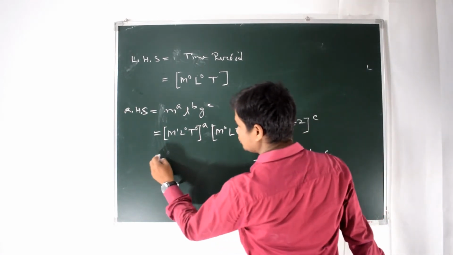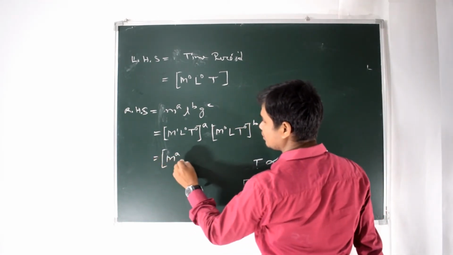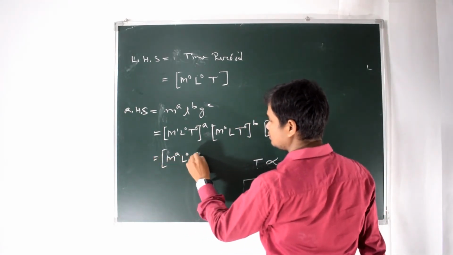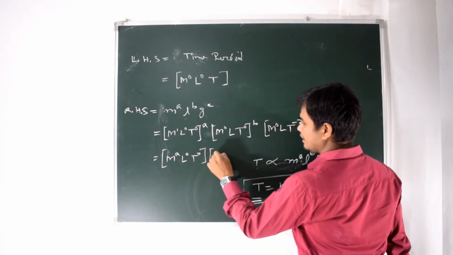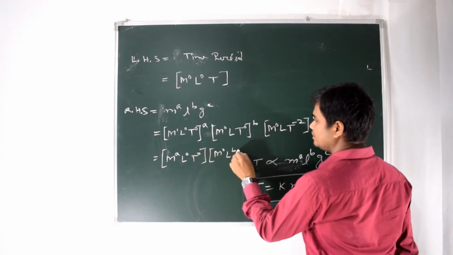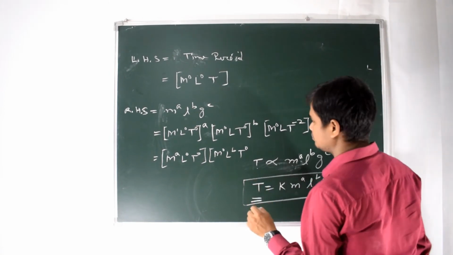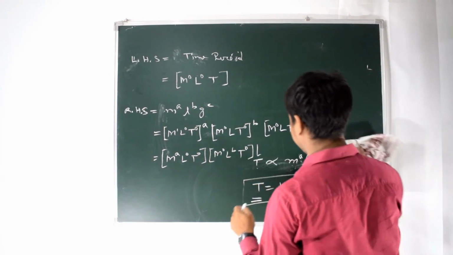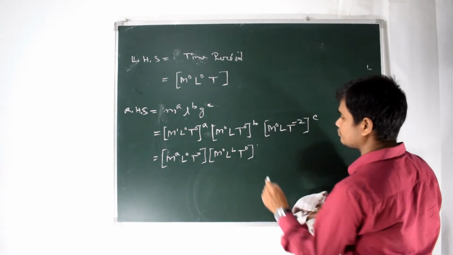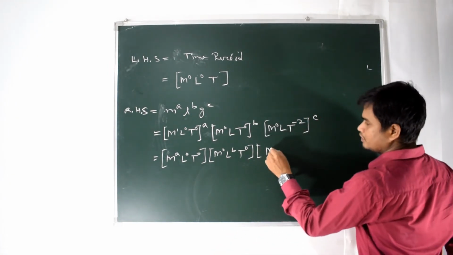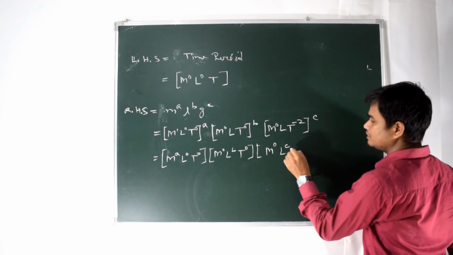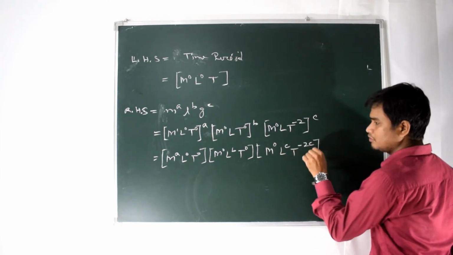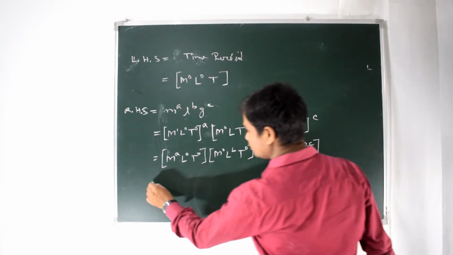So we can write M^a, M^0, T^0, M^0, L^b, T^0, M^0, L^c, T^-2c. Right?